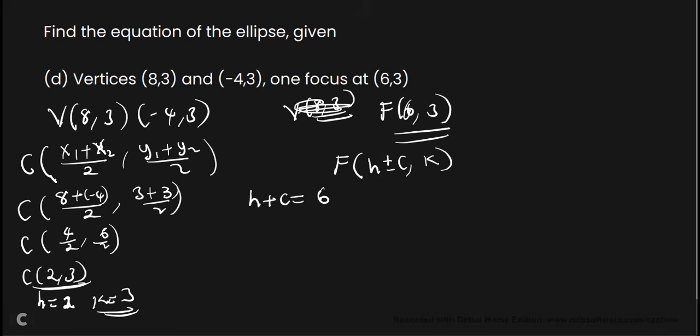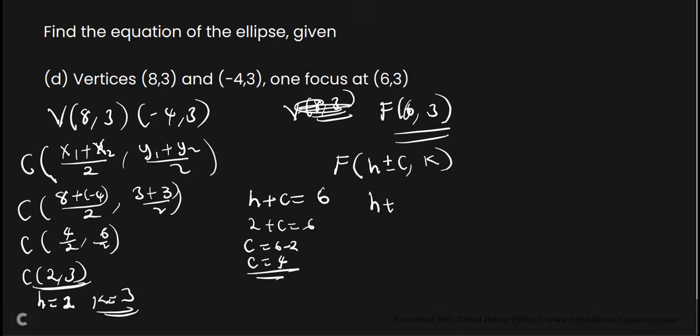Now what is your H in this situation? It's 2. 2 plus C equal to 6. And C equal to 6 minus 2. C equal to 4. That is your C. Right? After finding C, you can find the value of A. On the vertices it says what?